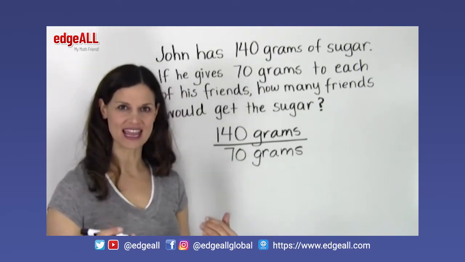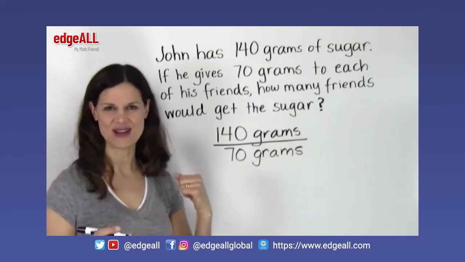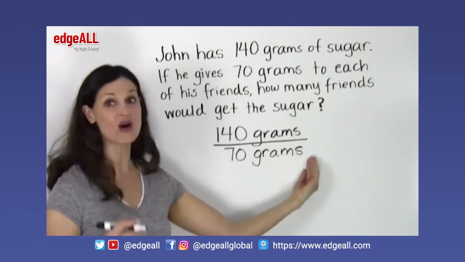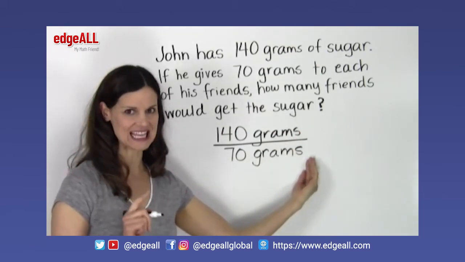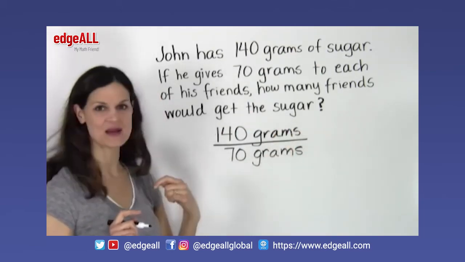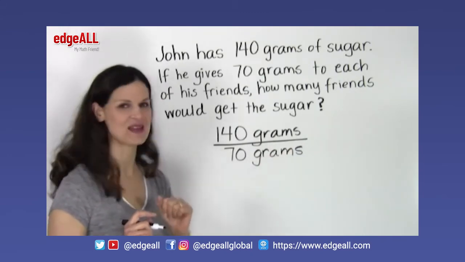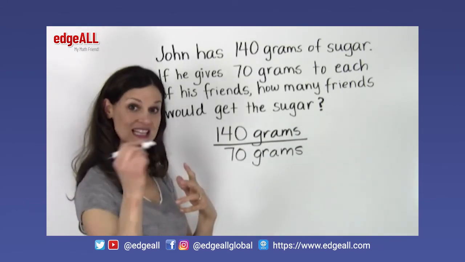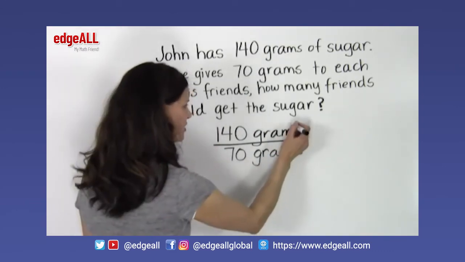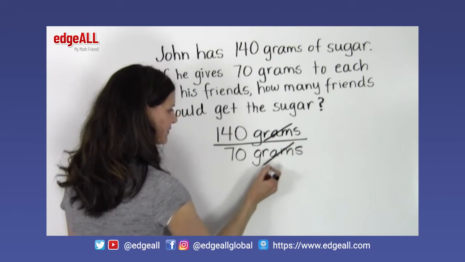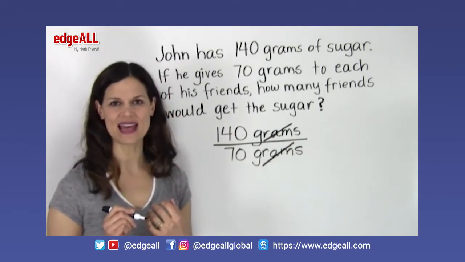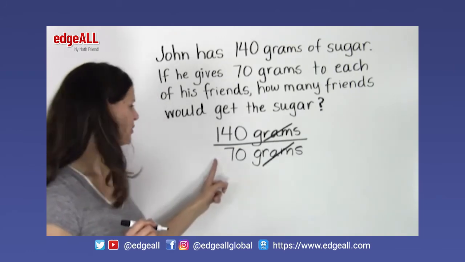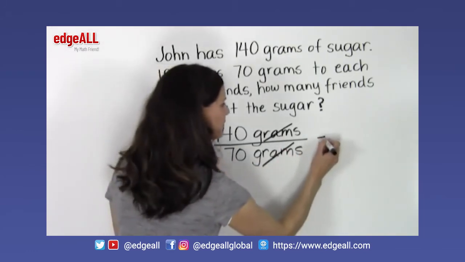Whenever you're dividing a unit of measure or a measurement by another measurement, the units cancel out if they are exactly the same. So we've got grams in the numerator exactly the same as grams in the denominator. So I'm just going to go ahead and mark these out so that we can remember that the units cancel out. And then we're simply left with 140 divided by 70, which we know equals 2.